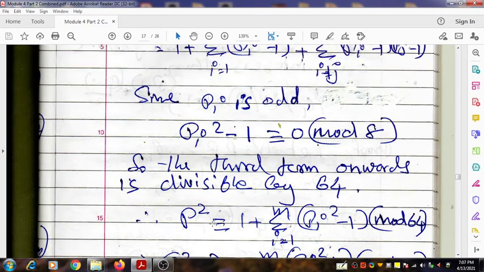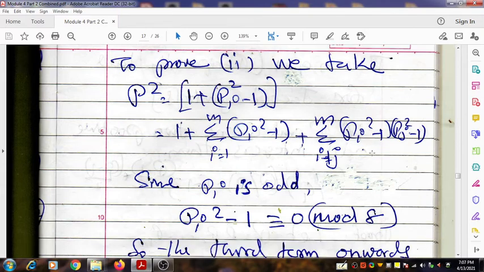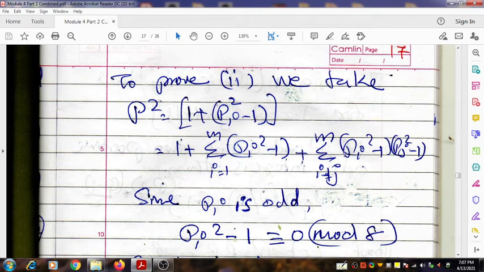Therefore, when we come back to the expanded terms, you can see that excluding the first and second terms, all the remaining terms can be divided by 8 times 8, that is 64. From the third term up to the last term, you can divide every term by 64.